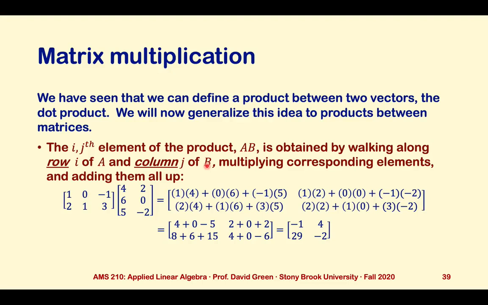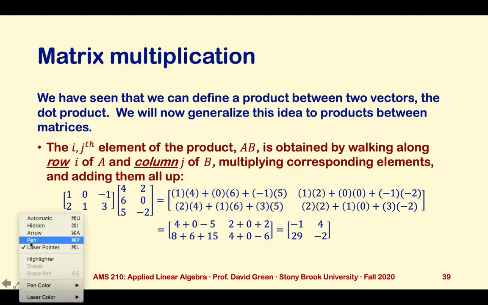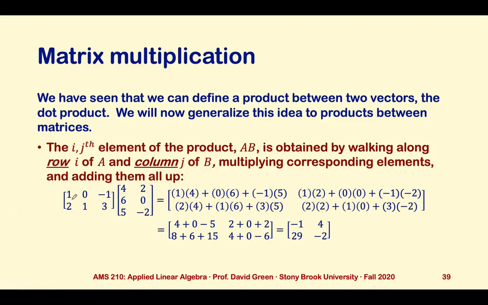That is, taking a dot product of one row and one column. I think the best way to really visualize this is by going through an example.